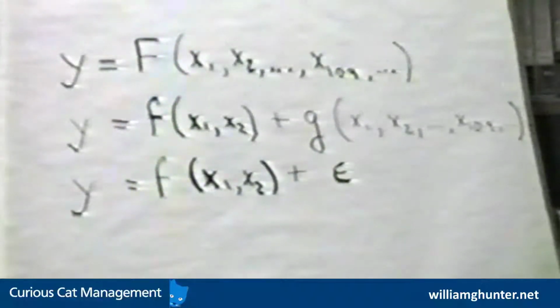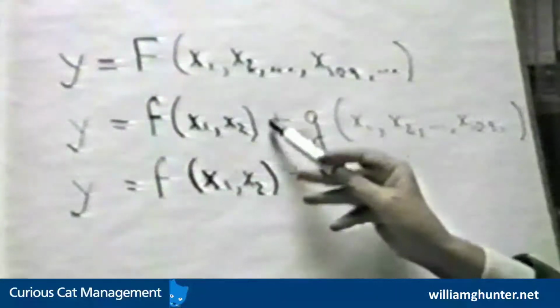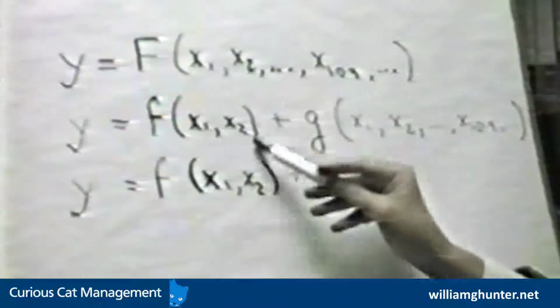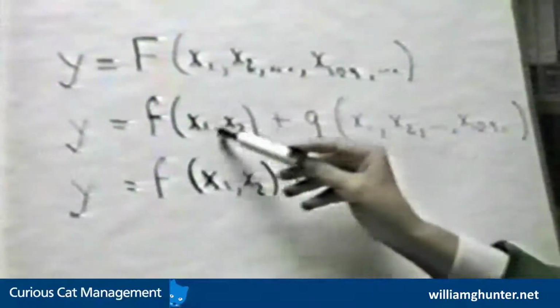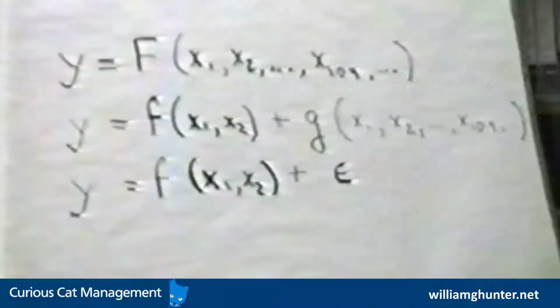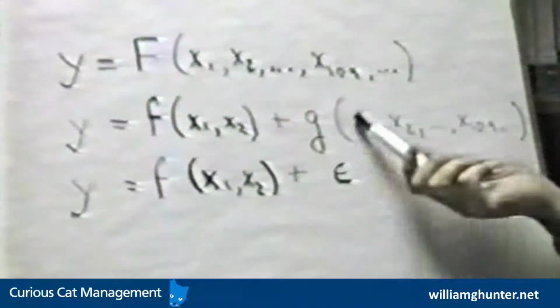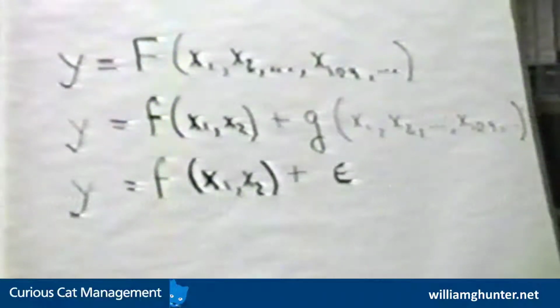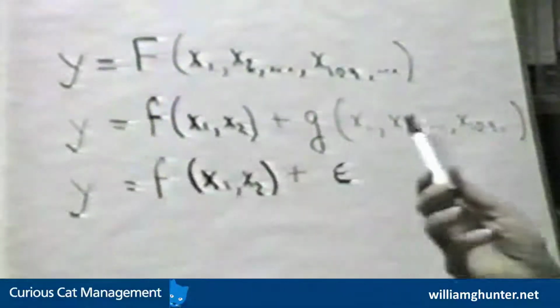Now, the job of any scientist is to try to create a mathematical model in terms of a subset of these, let's say x1 and x2. And let's say that does pretty well, whatever that means, at describing the observed values of y. But it never fits perfectly, and that's what this is. That's what's left over. That's the lack of fit, or the extent to which this model doesn't match up with the y's.